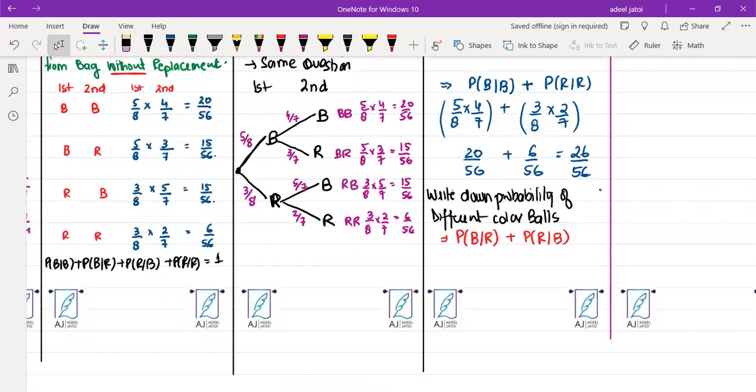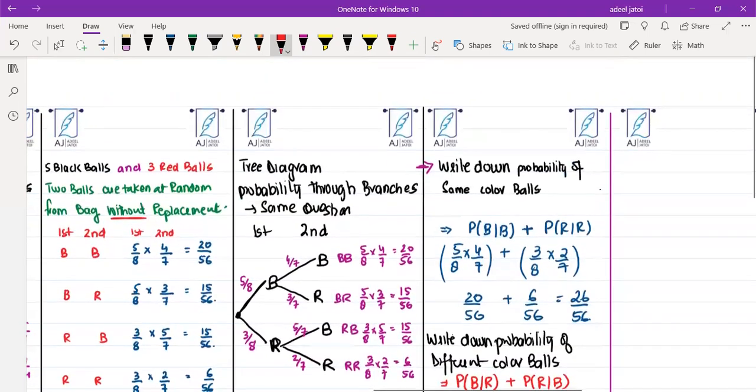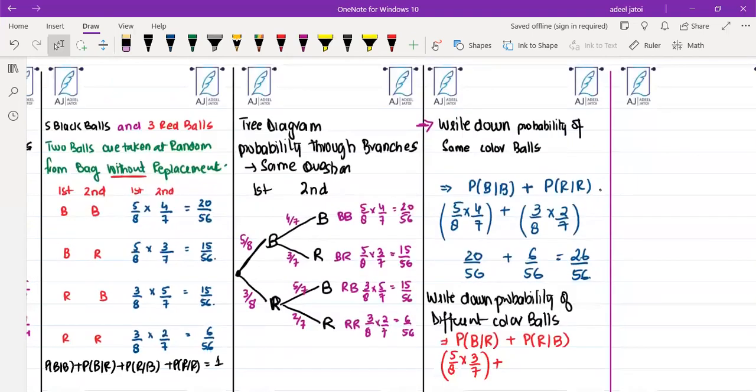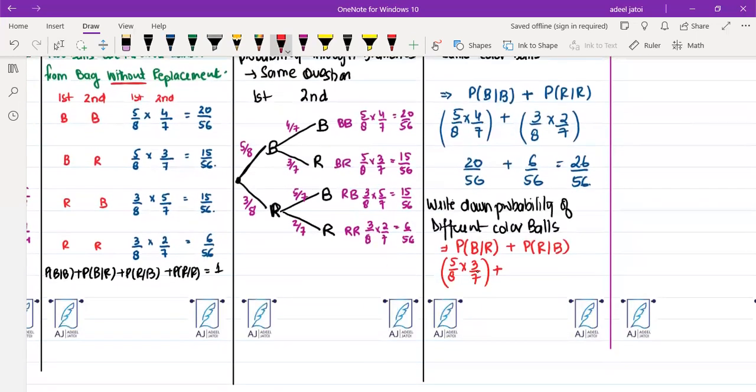So this should be 5 upon 8 into 3 upon 7, and obviously there are two probabilities. Whenever we multiply, we always have the word 'and'. So we multiply for 'and', or we add for 'or'. So for red first, we have 3 upon 8 multiplied by 5 upon 7.